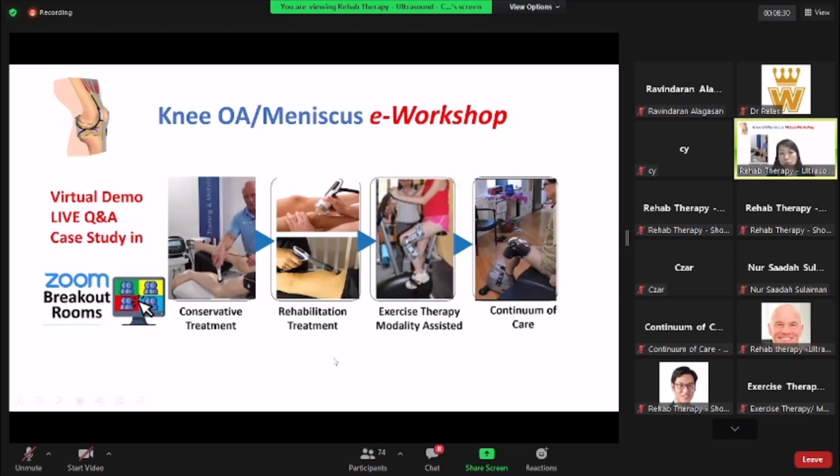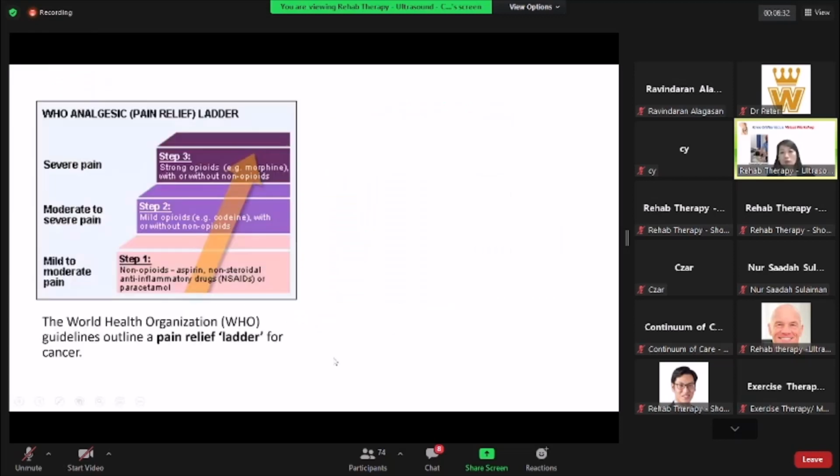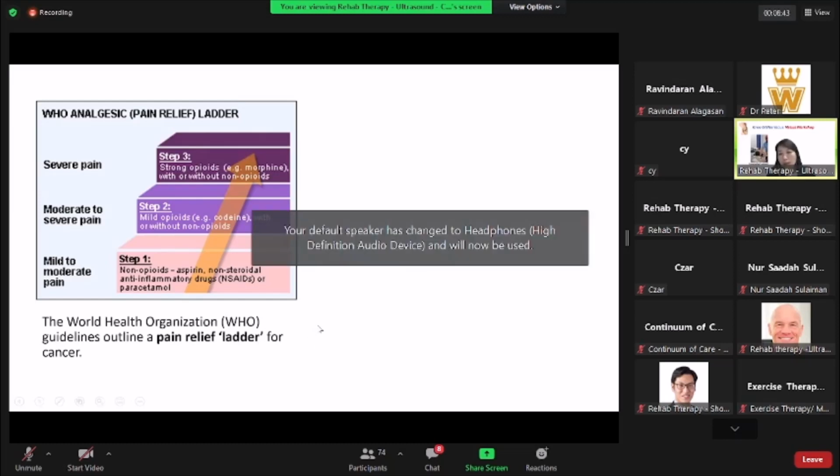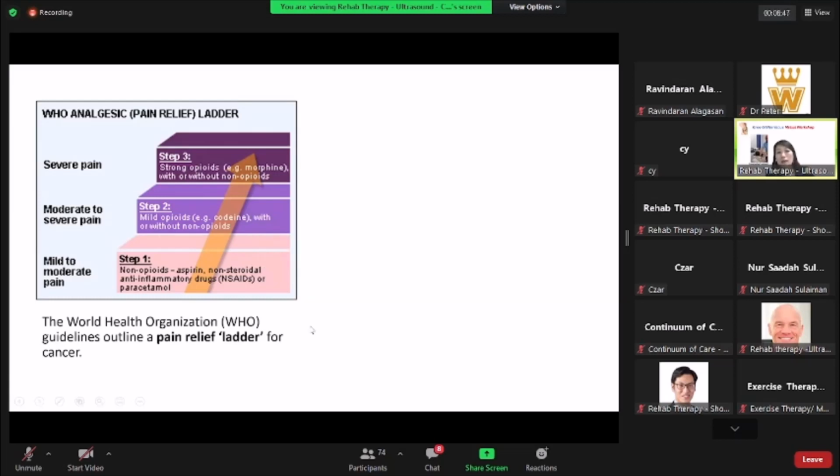Before we go to the breakout room, a little bit of introduction. You may be familiar with the pain relief ladder from the World Health Organization for treatment of pain from cancer. Patients tend to take stronger painkillers as they go up the ladder for pain.